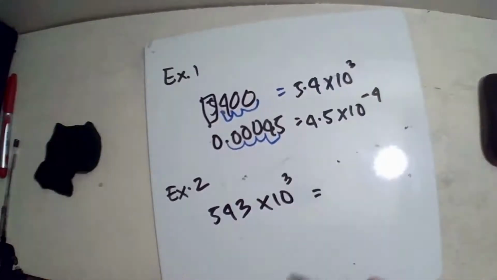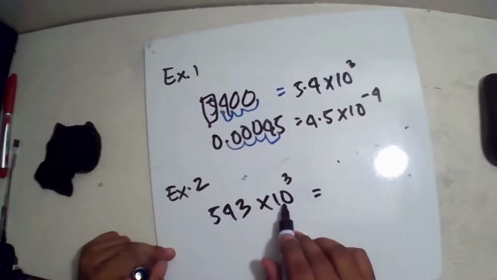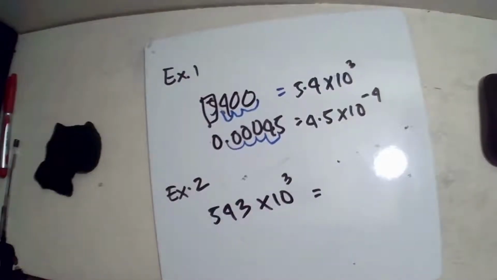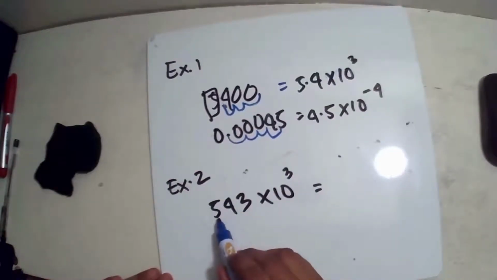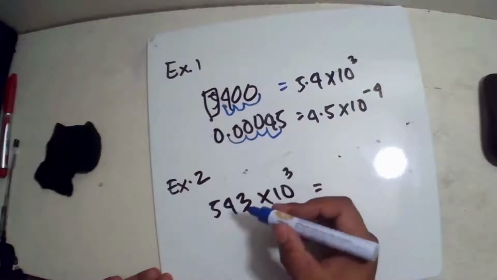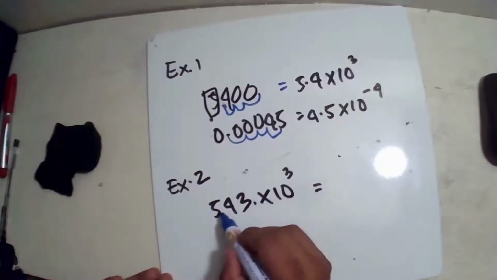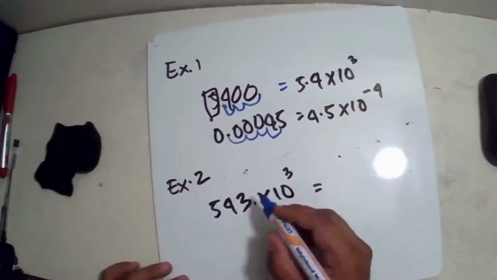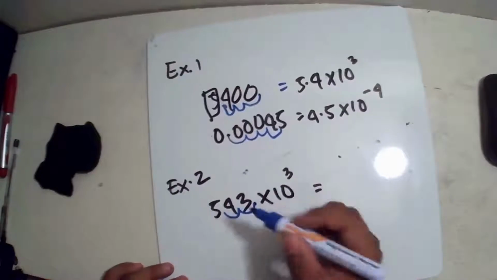How about this one? If this is 543 times 10 raised to positive 3, the rule is the decimal point should be after the first non-zero digit. So obviously the decimal point is here, so we'll move this decimal point after the first non-zero digit. All you need to do is 1, 2.